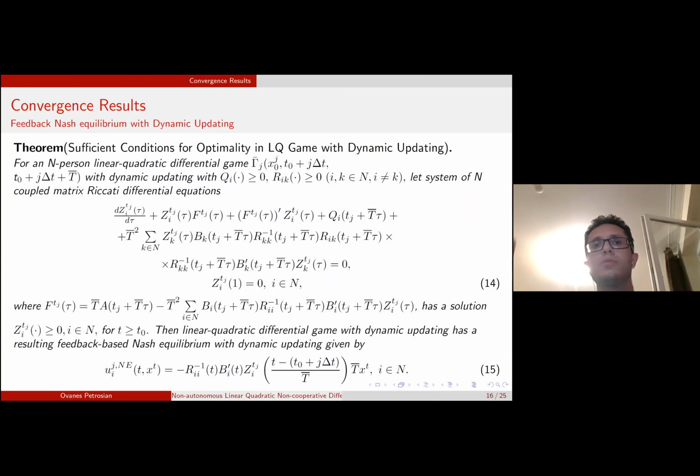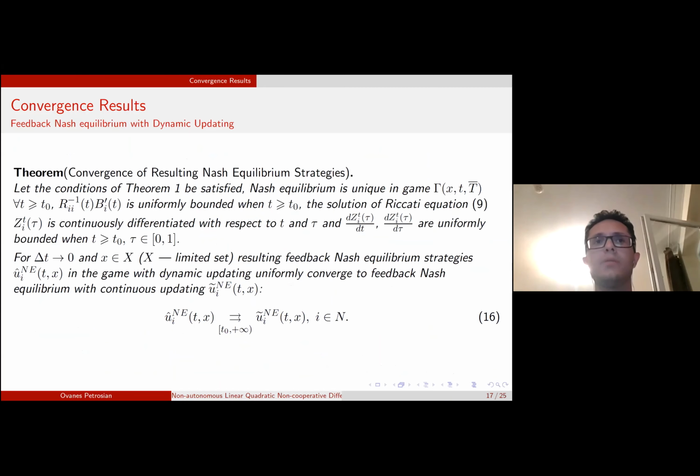Yeah, and the most important thing that I wanted to present is that when the updating interval delta t for the dynamic updating case converges to 0, then the Nash equilibrium with dynamic updating uniformly converges to the Nash equilibrium with continuous updating.